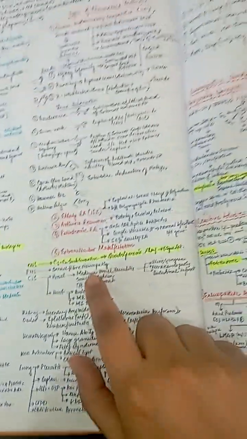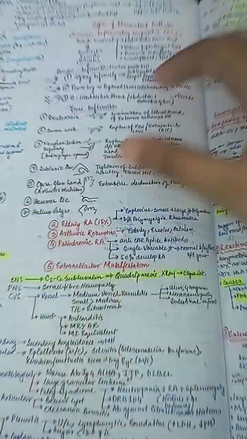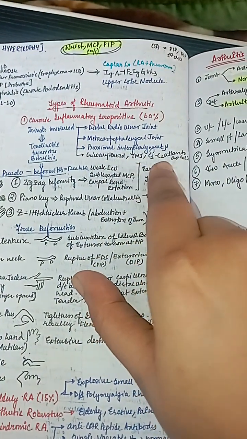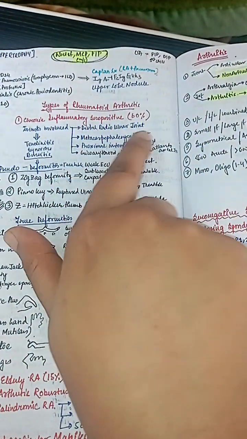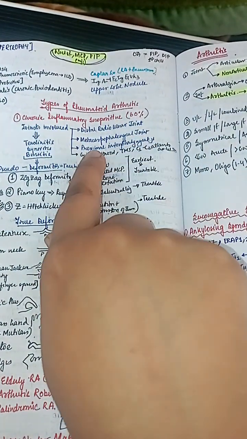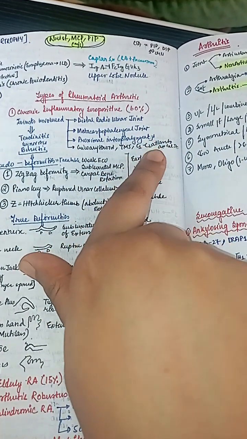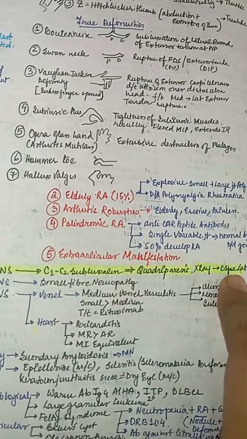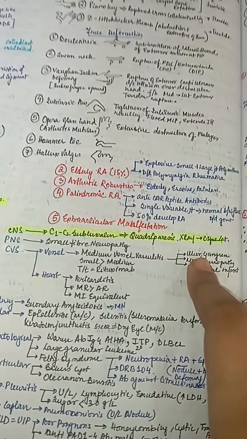The joints involved are cricoarytenoid, TMJ, C1 C2 atlantoaxial joint, distal radioulnar joint, metacarpophalangeal joint, and proximal interphalangeal joint. So C1 C2 atlantoaxial joint causes quadriparesis, seen by cervical spine X-ray lateral view.